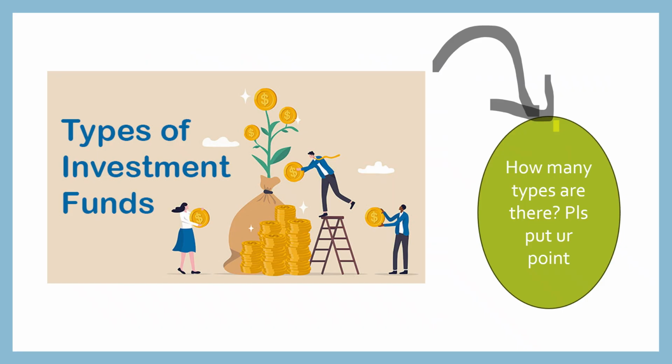Now coming to the main aspect, that is types of investment fund. How many types are there in the market? Types of investments are basically rolling in the market. You can come up with your own points.